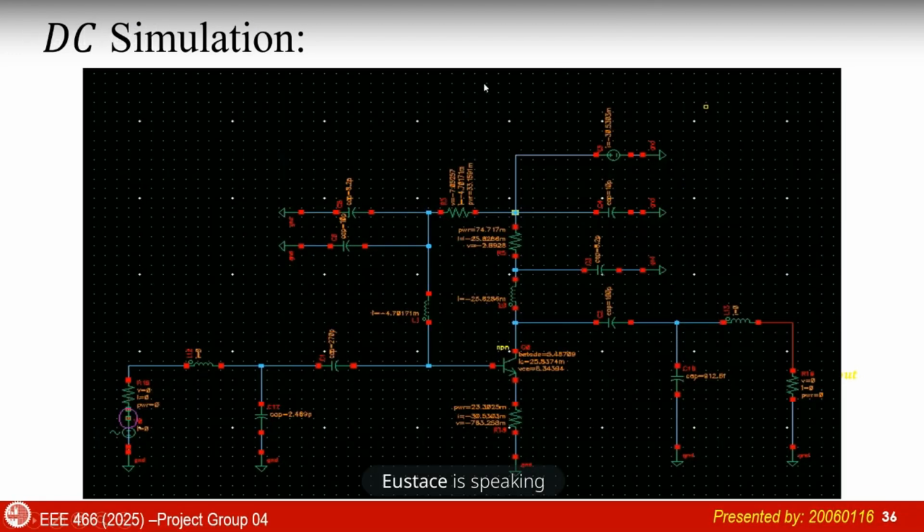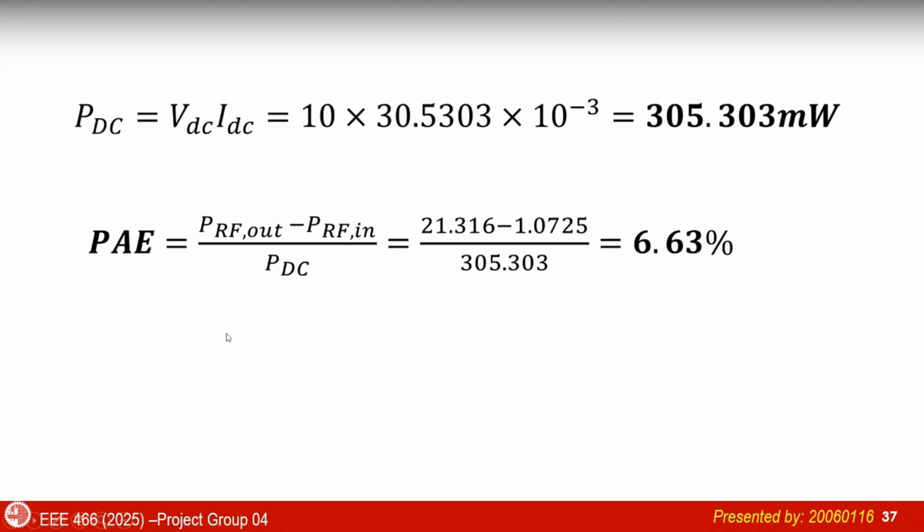We have performed DC simulation to get the DC power from the DC source. This is the circuit for DC simulation. The DC power is calculated in this slide. For DC voltage, we have simulated the circuit for 10 volt, and we got the DC current 30.5303 milliampere, from which we get the DC power as 305.033 milliwatt.